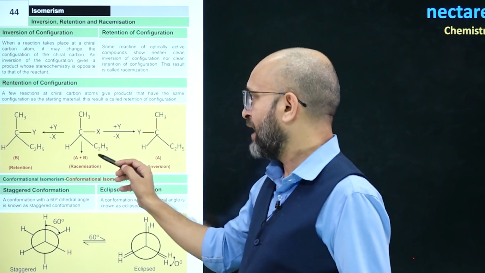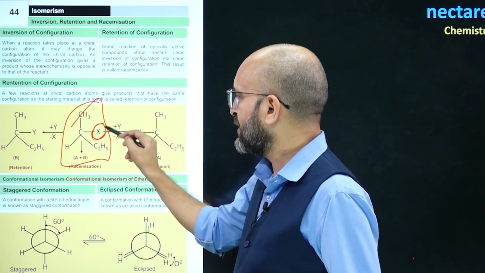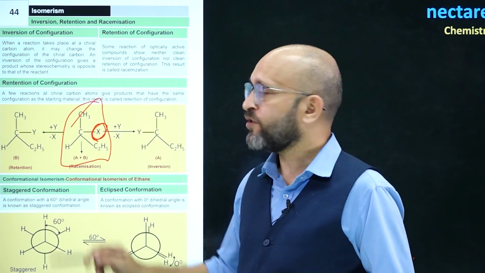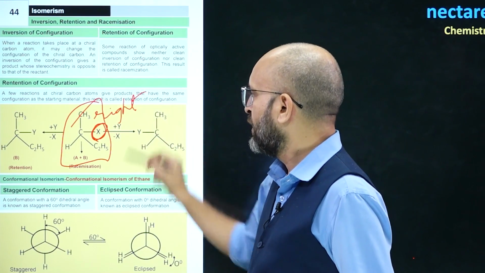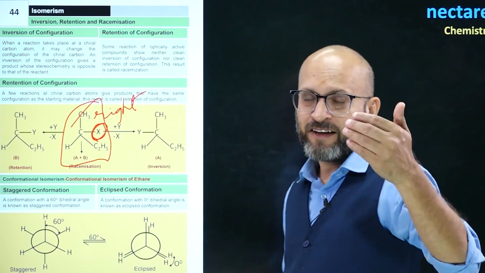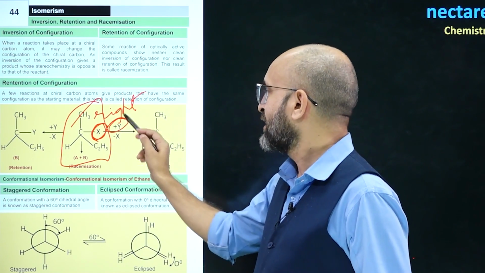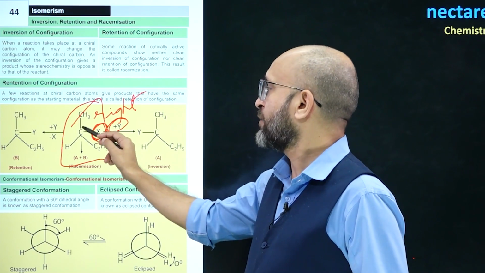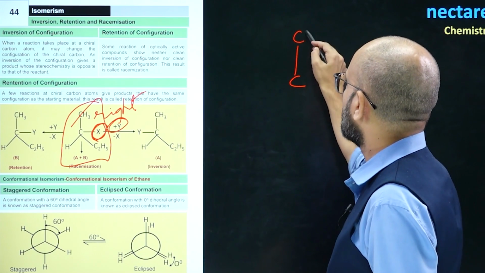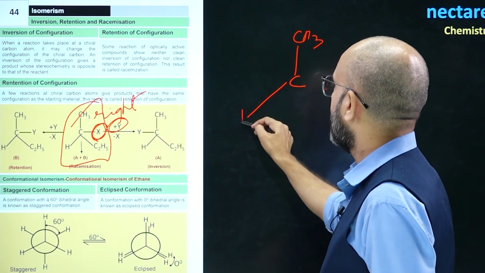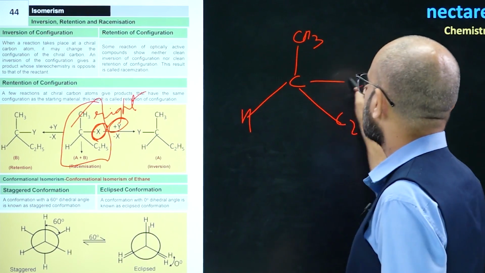When we have an alkyl halide like this, you see halogen X is on the right side. Now, if I have a reaction where a new group Y is attacking this carbon and X is getting removed, I will take it here: you have methyl, you have H, you have C2H5 and X is here.